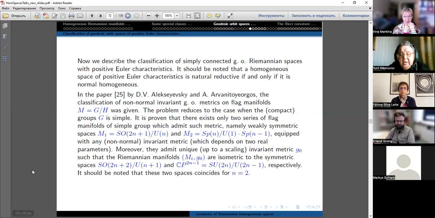It's somewhat technical, but in any case, if we have a geodesic orbit space of positive Euler characteristic, and the metric is not trivial, non-normal, not generated by an invariant metric on the isometry group, then we have only two families of such spaces, with some special metrics on these spaces.